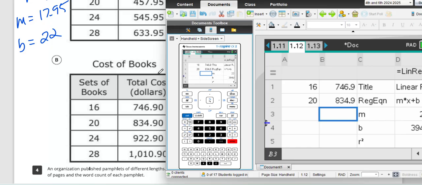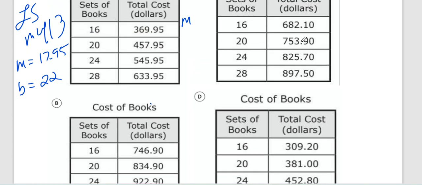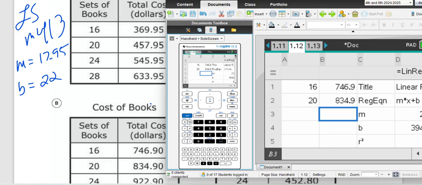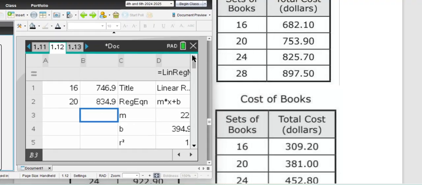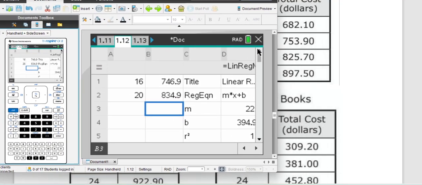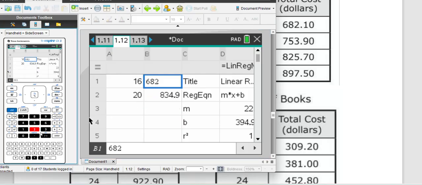Now reversed again. Let me see over here. 16 and 682.10. Okay, now I gotta change these two. 682.10, 753.90.